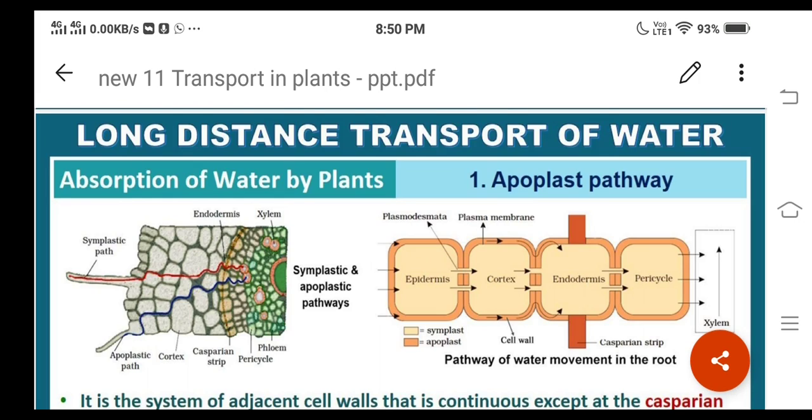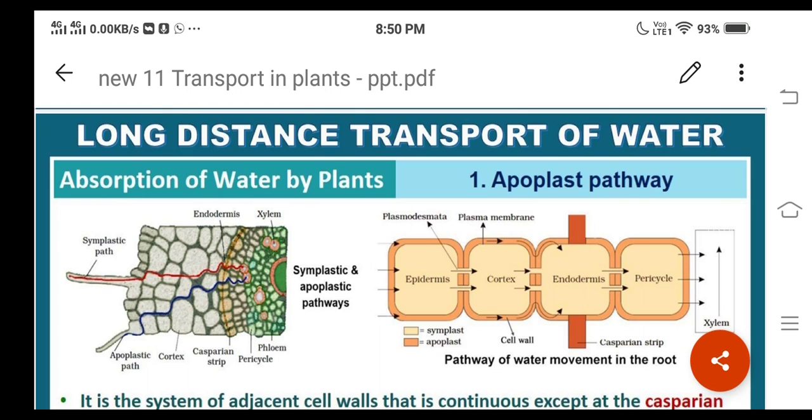And finally, what are the different cells there? Epidermis, then cortex, then endodermis, then pericycle, then finally xylem, and other labelings are the plasmodesmata, then cell membrane or plasma membrane.